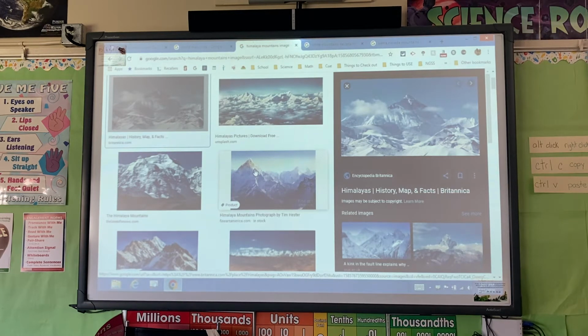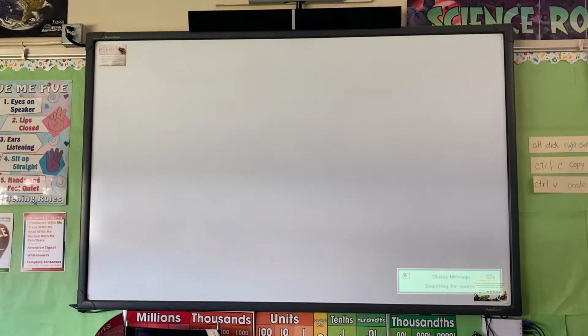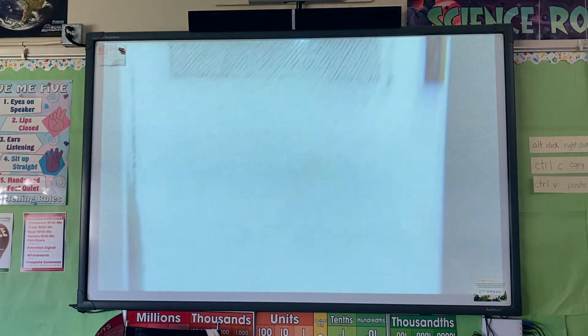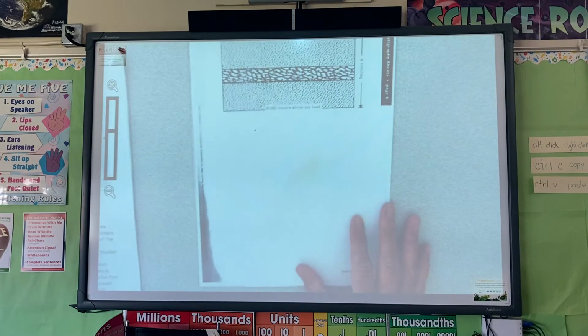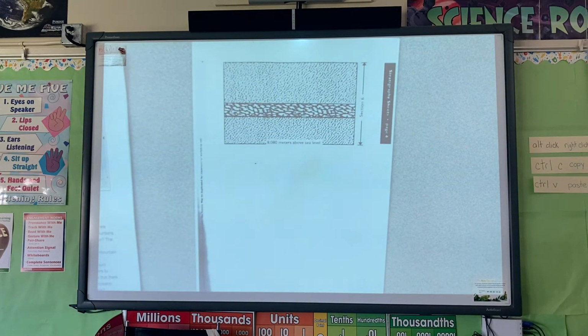So if you remember, we have layers of rock, and layers of rock are called strata. I happen to have these pieces of paper that you can download and do yourself if you want to.